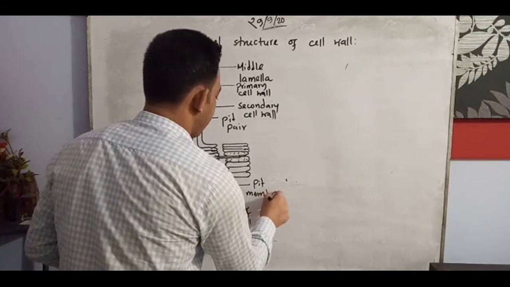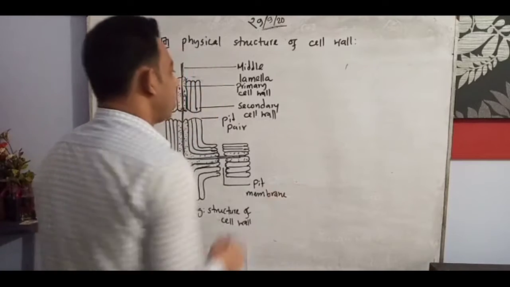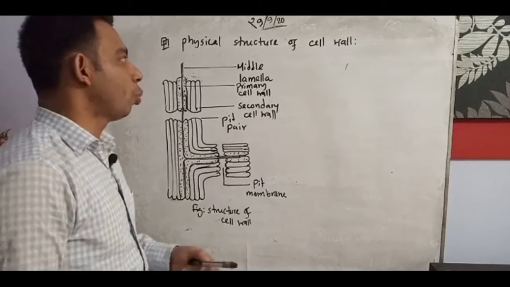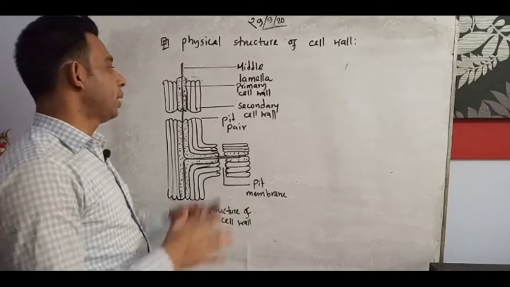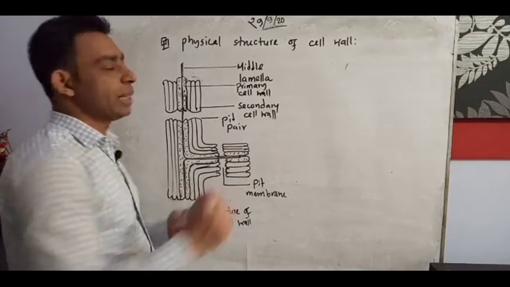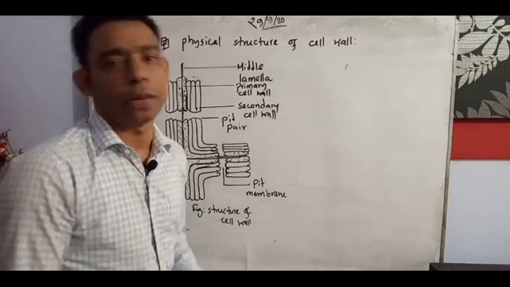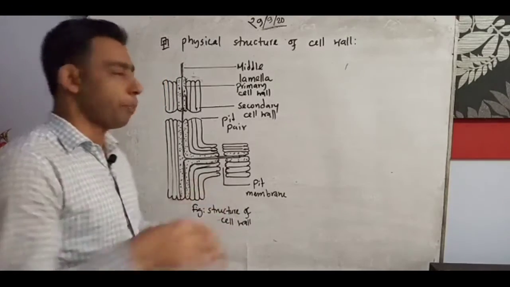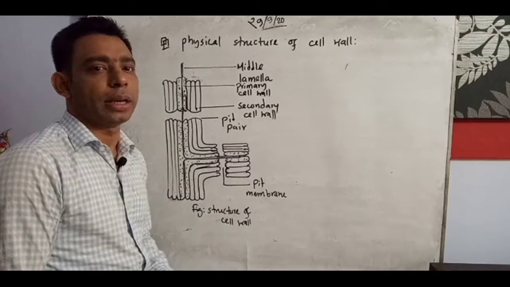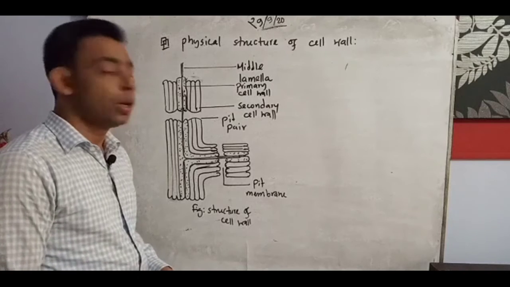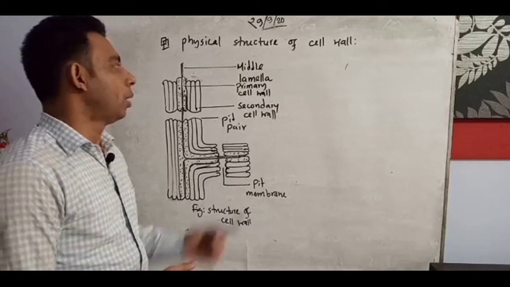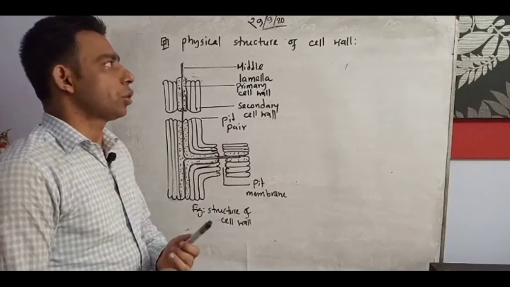I hope we can complete our drawing this way. This structure is not very tough to understand, but it needs some attention, and by practicing drawing the figure you can reproduce it properly. I hope you connect with this specific part by learning the physical structure of the cell wall.